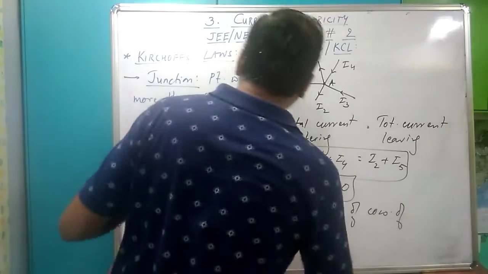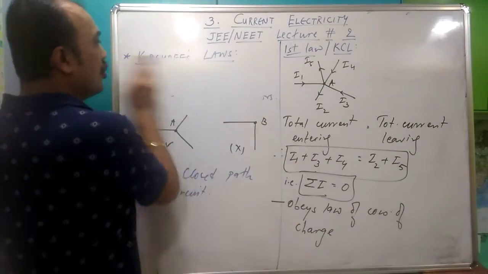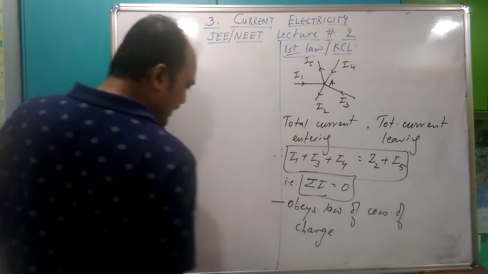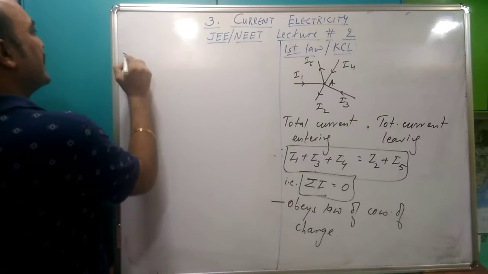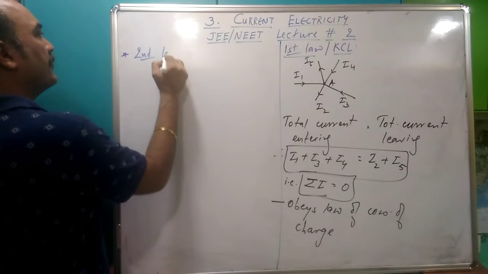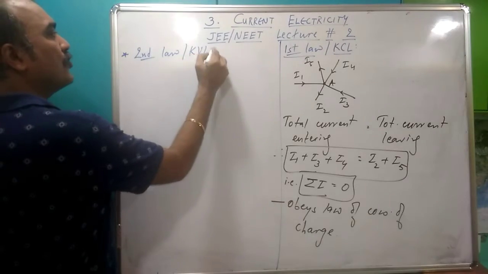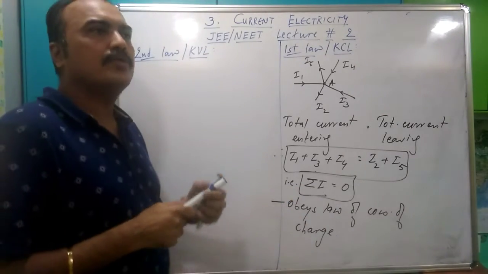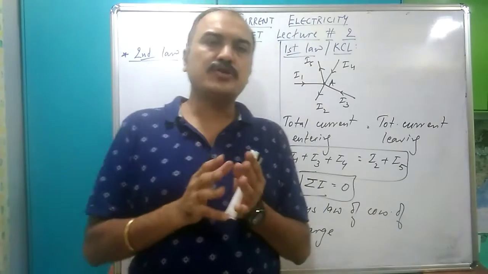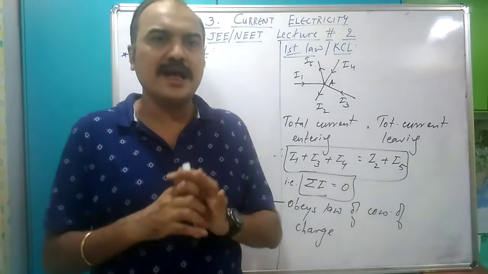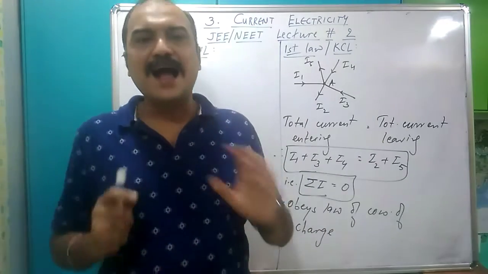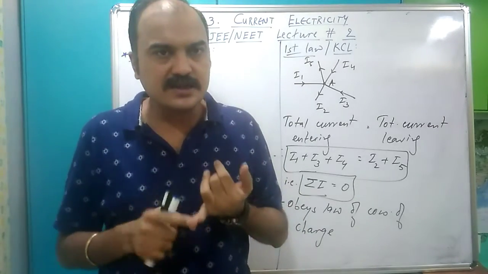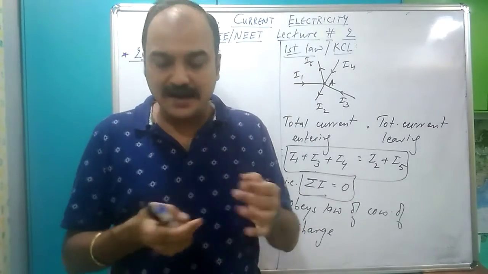The second is Kirchhoff's voltage law, an infinitely more important law, but very easy nonetheless. Second law, we can call it Kirchhoff's voltage law, I call it KVL, or you can also call it loop law. Now, in Kirchhoff's voltage law, we go across a loop and we take into account all the potential differences across the resistors and the EMFs of the batteries.